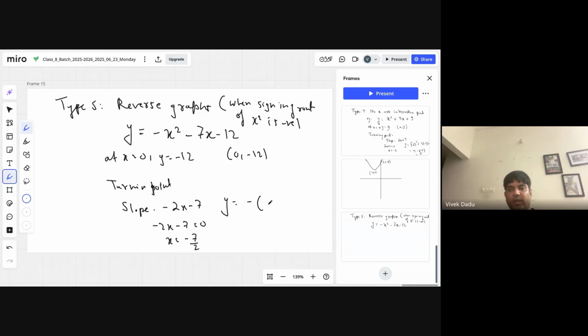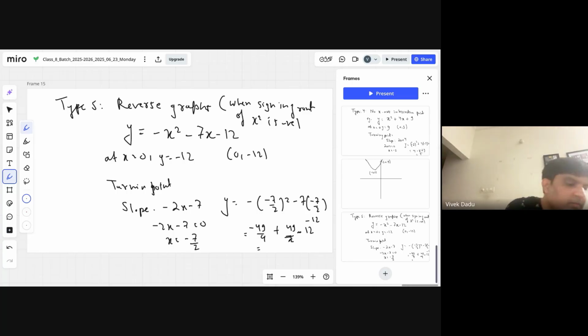So y is equal to minus 49 by 4 plus 49 by 2 minus 12. This becomes 49 by 4 minus 12. Yeah, this will come 1 by 4. Okay.